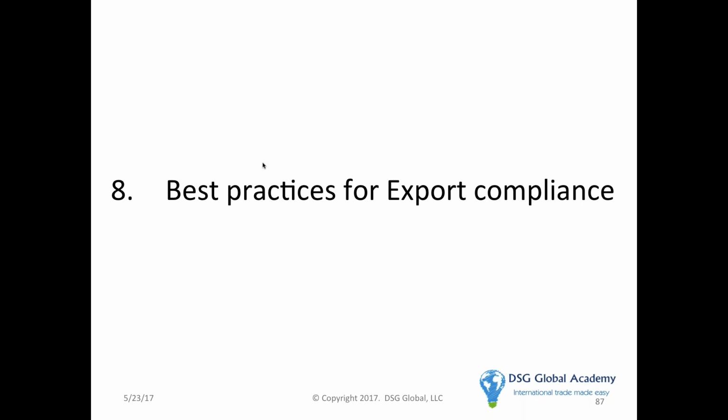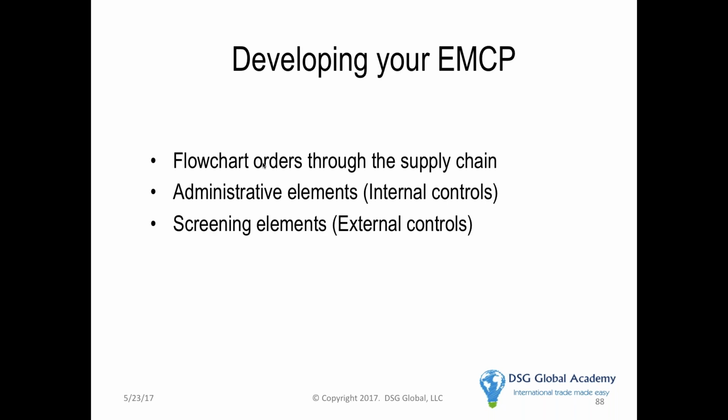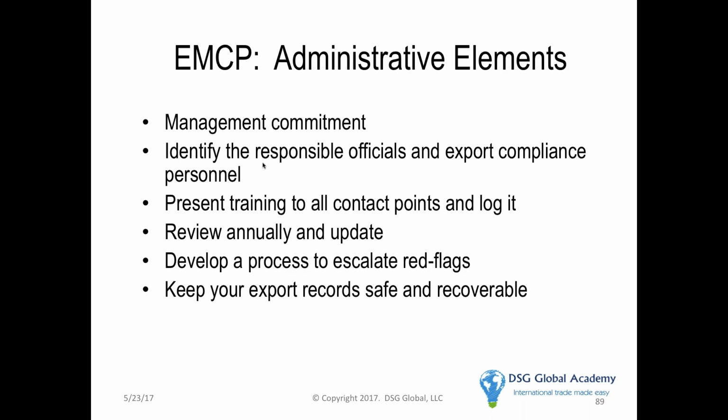Friends, let's jump into some best practices. This is the distilled wisdom from hundreds of companies that I've seen that have done something pretty unique. The first thing you've got to remember is you need to flow chart your supply chain and identify contacts. There are administrative elements and screening elements.